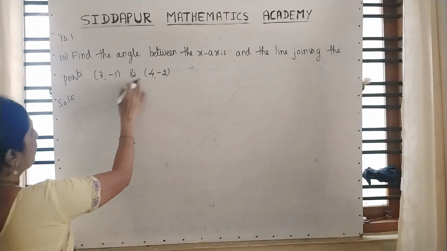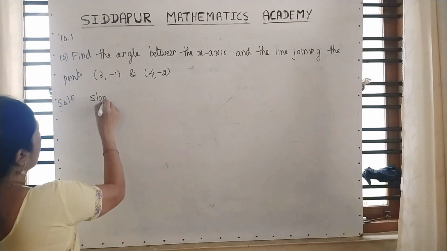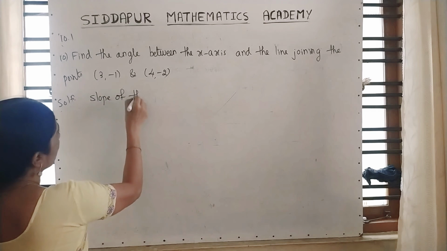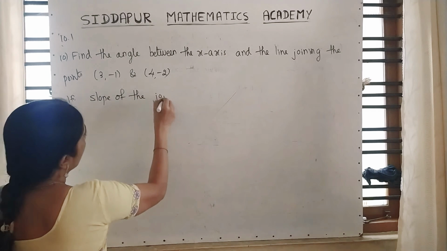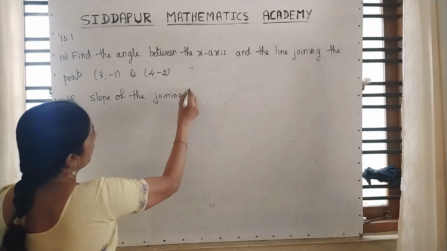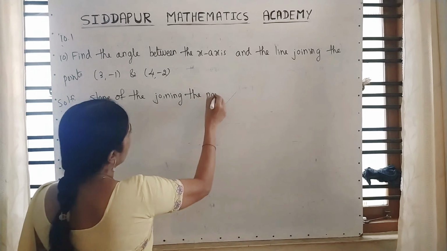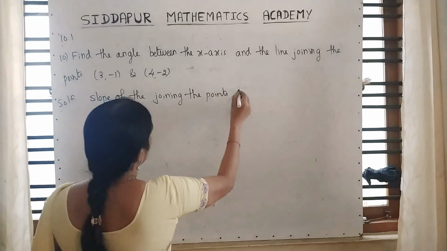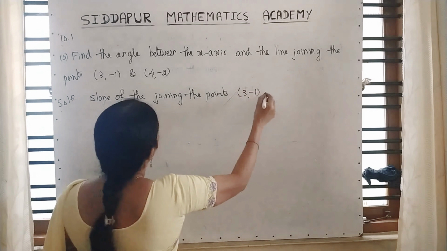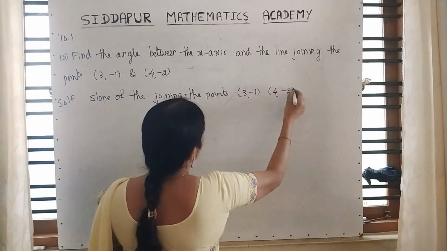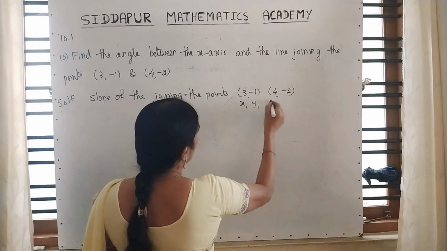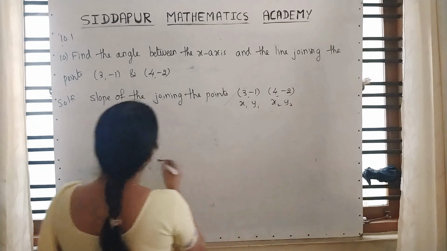First find the slope of the line joining the points. I will explain the concept. (3, -1) and (4, -2). This is x1, y1. This is x2, y2.